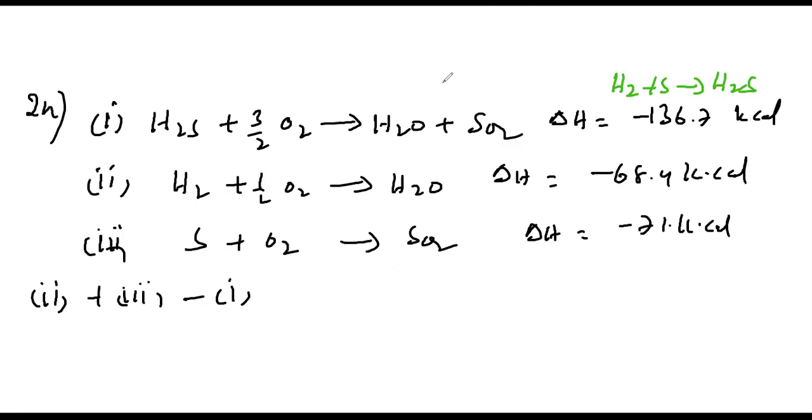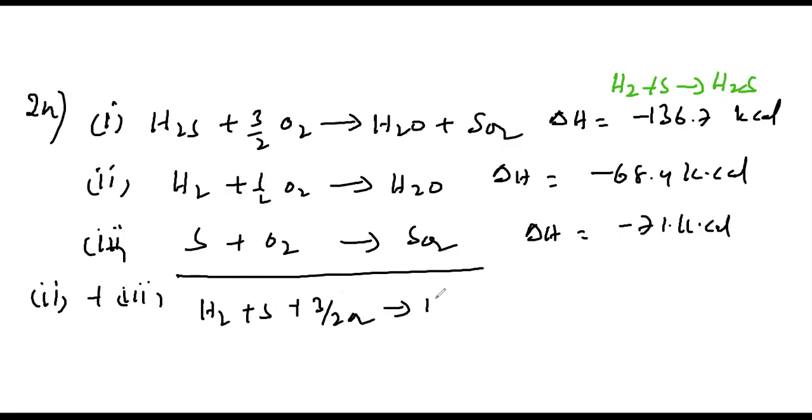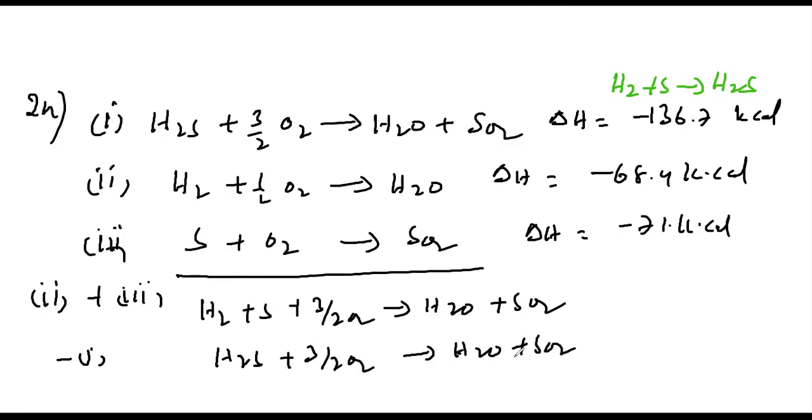When you do equation 2 plus equation 3, you get H2 plus S plus 3 by 2 O2 gives rise to H2O plus SO2. Next, minus equation 1: H2S plus 3 by 2 O2 gives rise to H2O plus SO2.